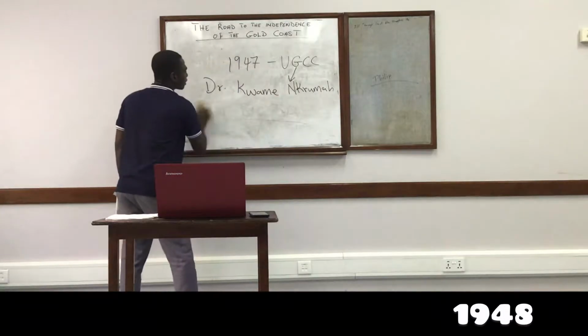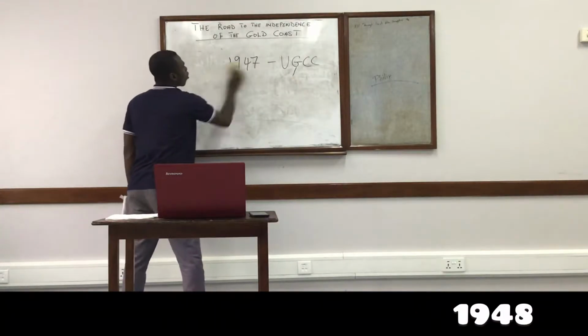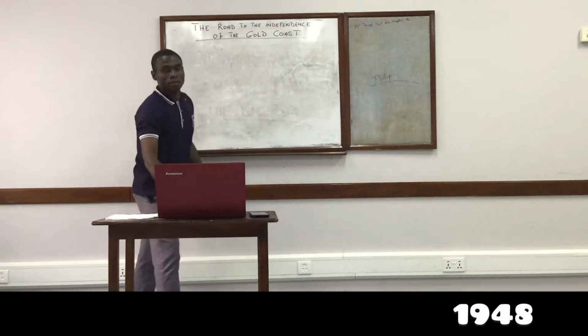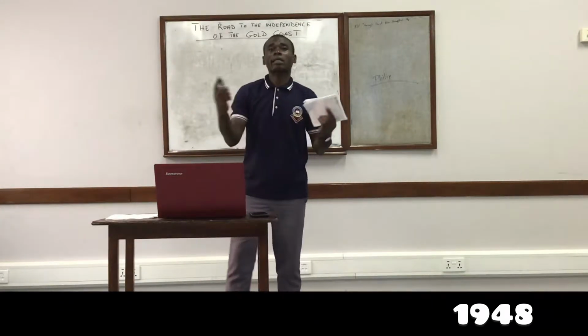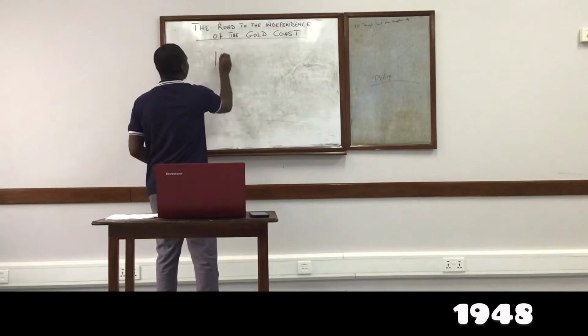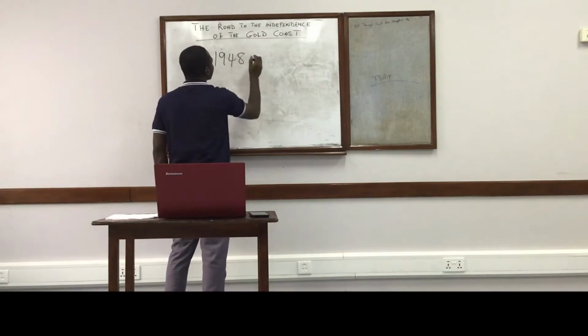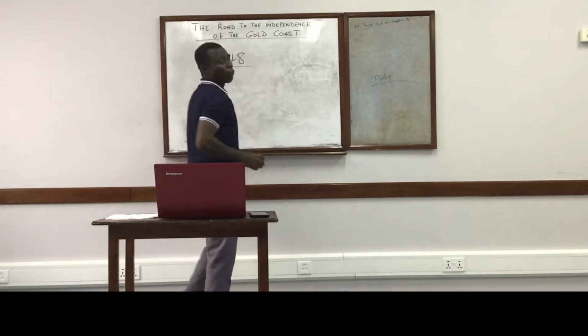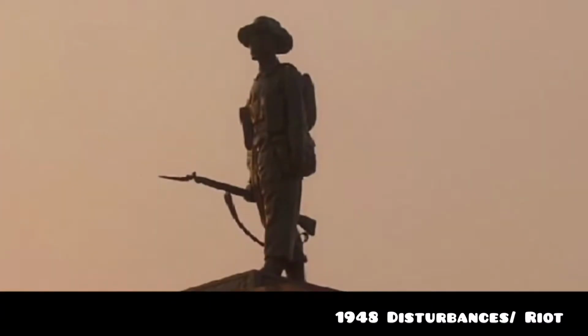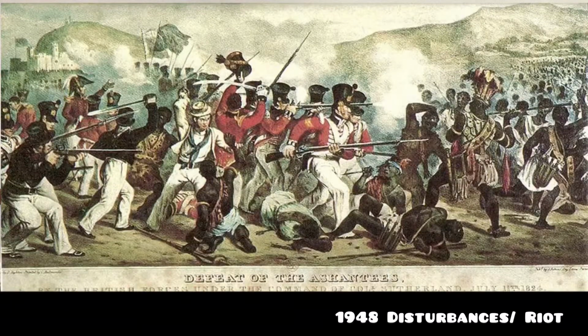In 1948, there's one thing that also happened in the Gold Coast that many of you may know and others may not know. We call it the 1948 disturbances or the 1948 riots. The veterans who fought for the British during the Second World War were promised things by the British government, but it failed to fulfill the promise.